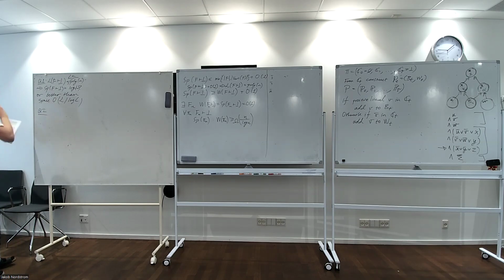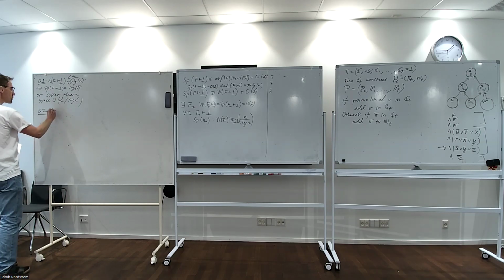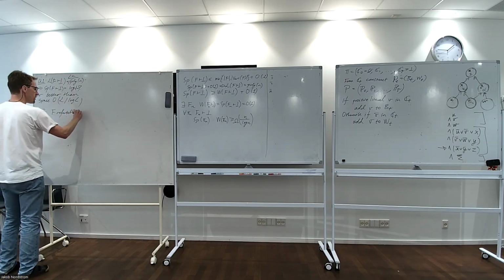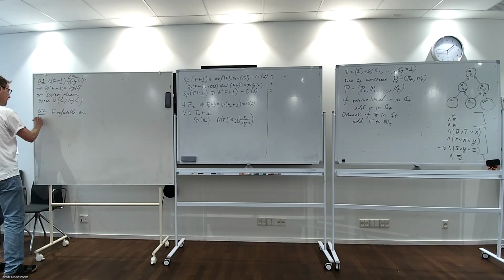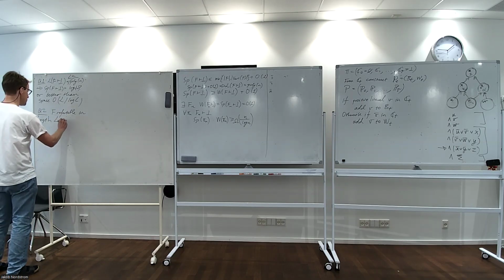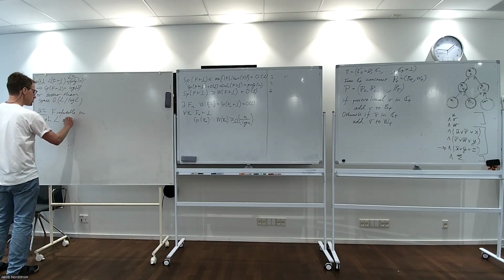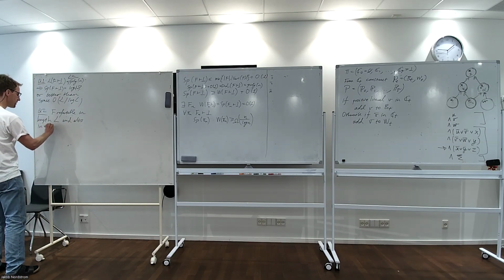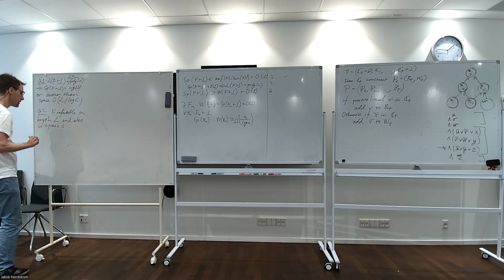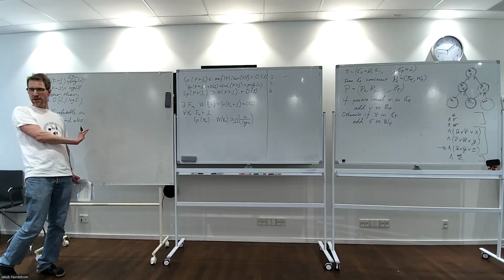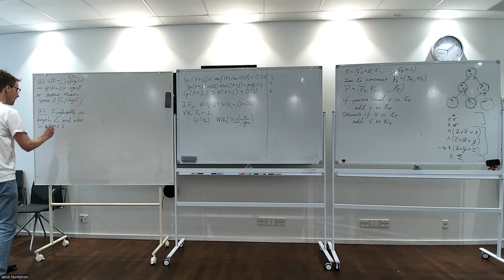Question two: suppose that f is refutable in length L. There is some proof of length L. And also in space S. Whenever I say space today, I mean closed space.